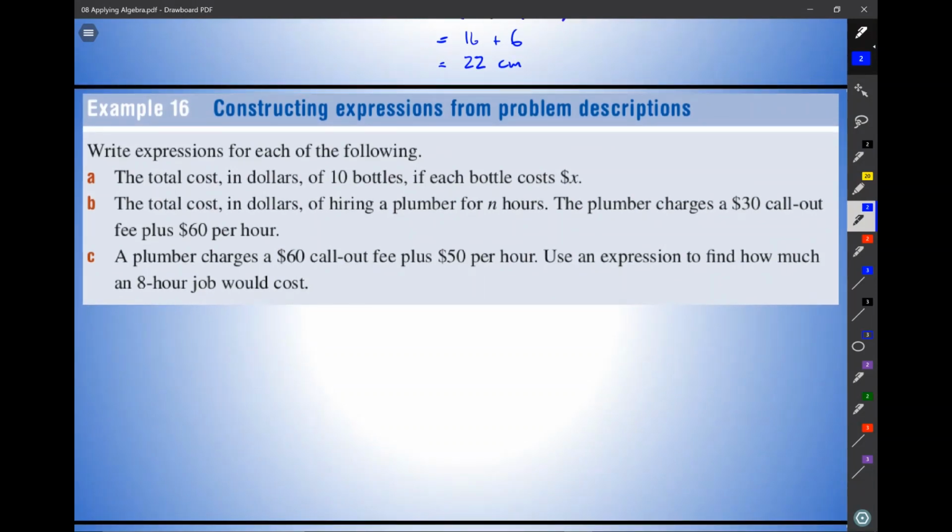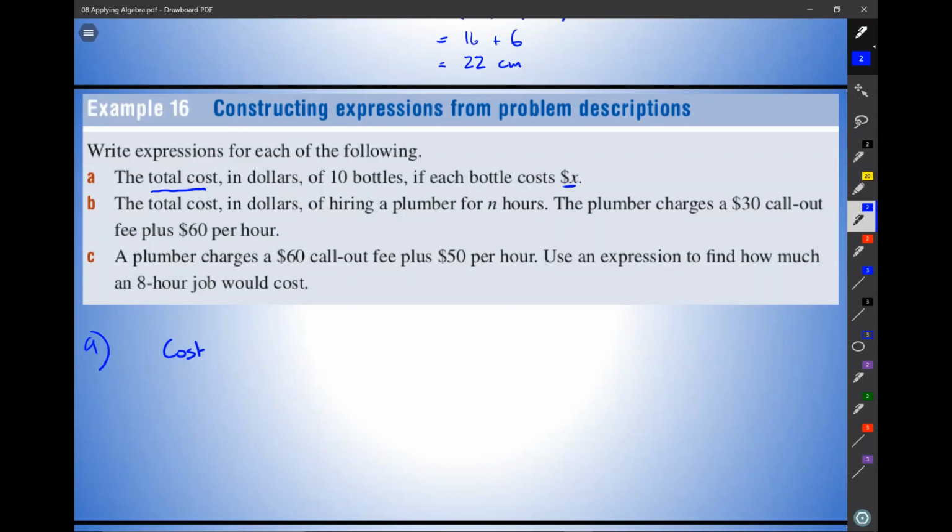What we're looking at here is we're given a problem in words, and we're going to try and write it down in maths. Okay, let's look at this first one. We're trying to find the total cost of 10 bottles when each bottle costs X dollars.